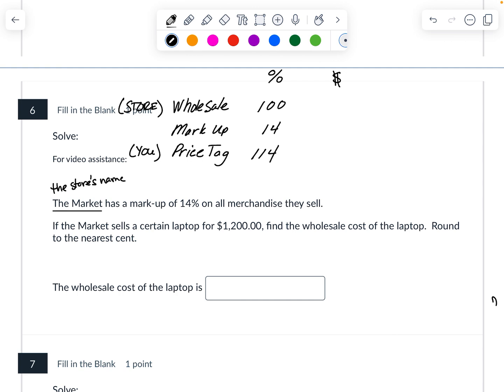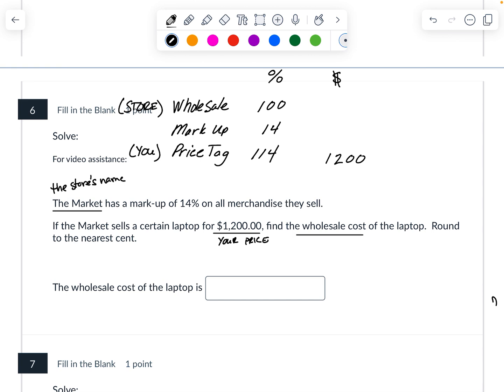Then it says the market sells a certain laptop for $1,200. That's them selling it to you. That is your price. That's the price tag. The price tag is $1,200. The question says, find the wholesale.